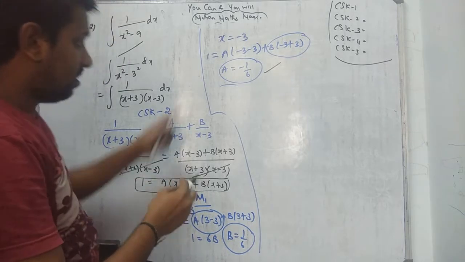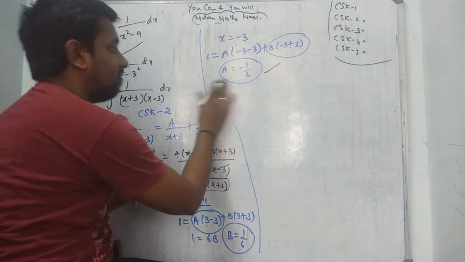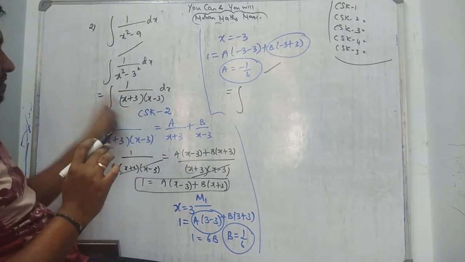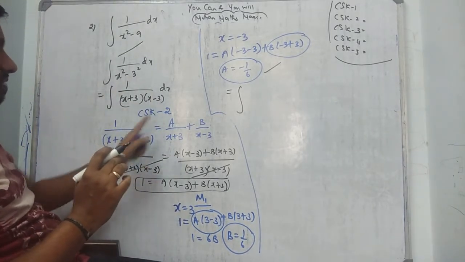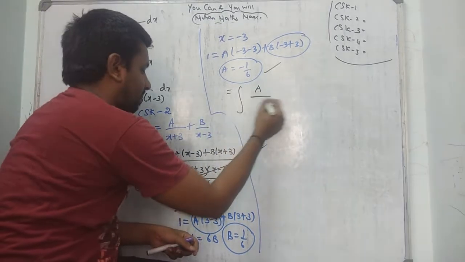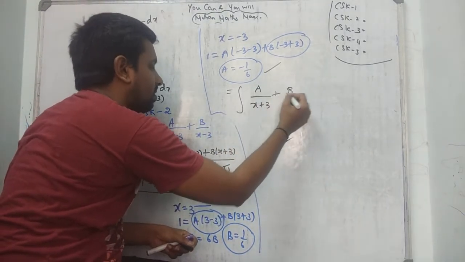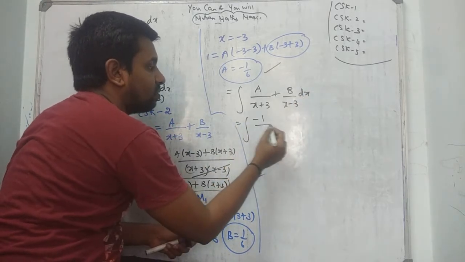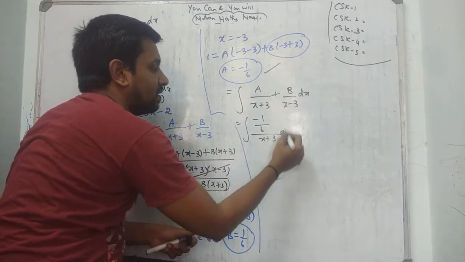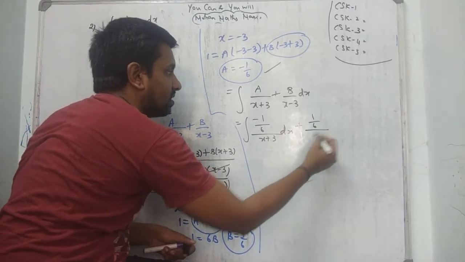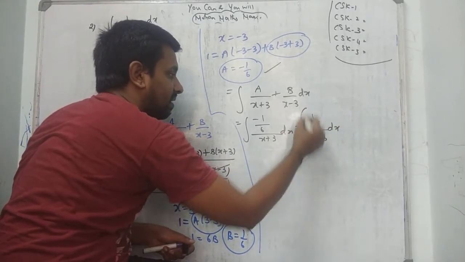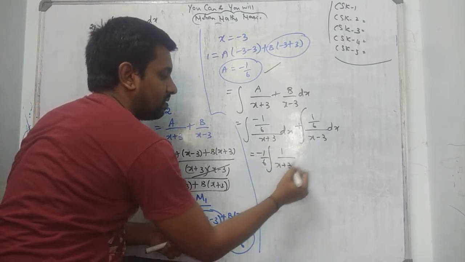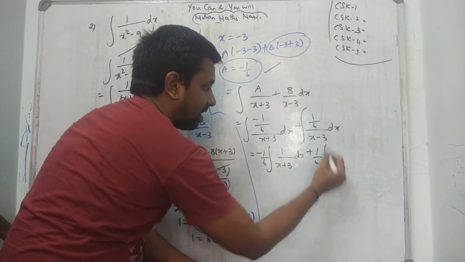Now substitute a and b in the sum. So therefore the integration of 1 upon x plus 3 x minus 3 is converted into a upon x plus 3 plus b upon x minus 3 dx. In place of a I put minus 1 upon 6, and in place of b, 1 upon 6. The constants, minus 1 upon 6 and plus 1 upon 6, I have taken outside.